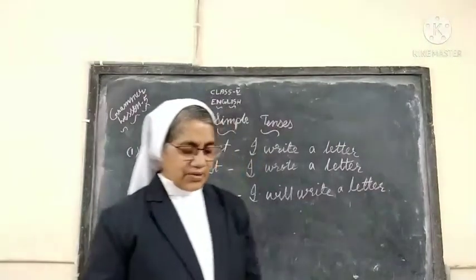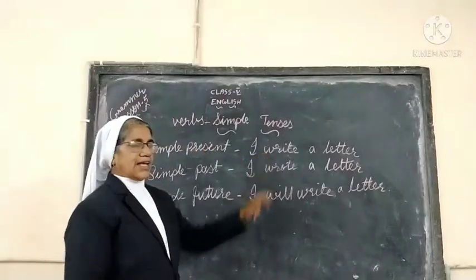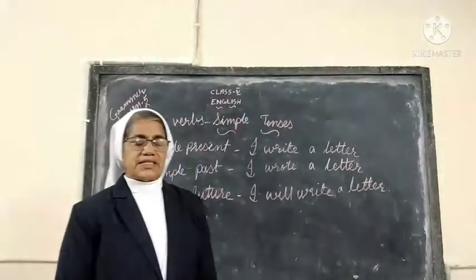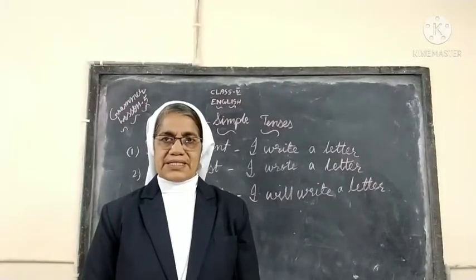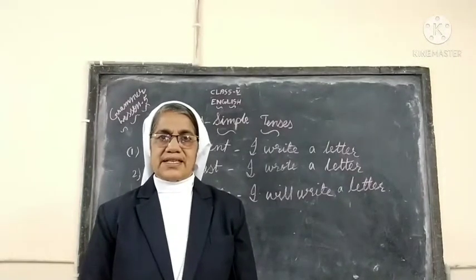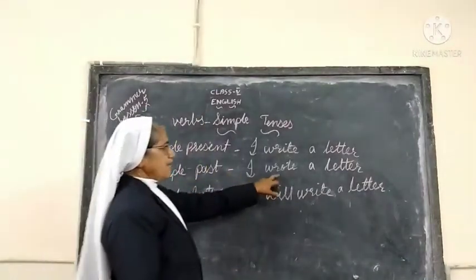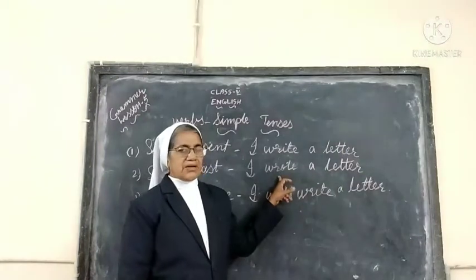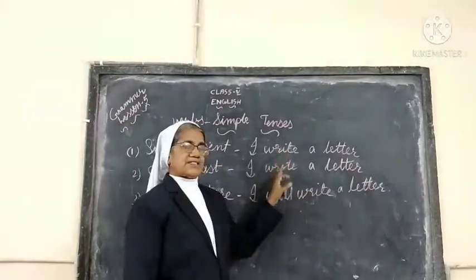Look at the blackboard. I write a letter. What is the verb here? Write. Write is in present tense, so the sentence is in simple present tense. And the next sentence, I wrote a letter. Wrote is the past tense of write.